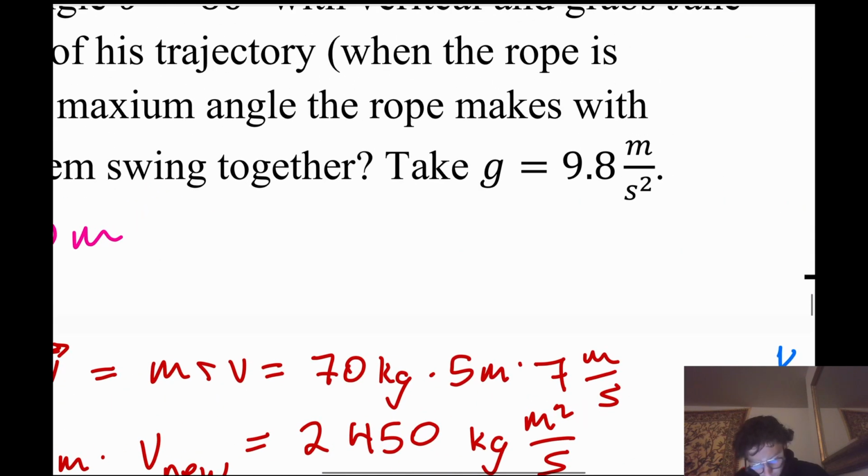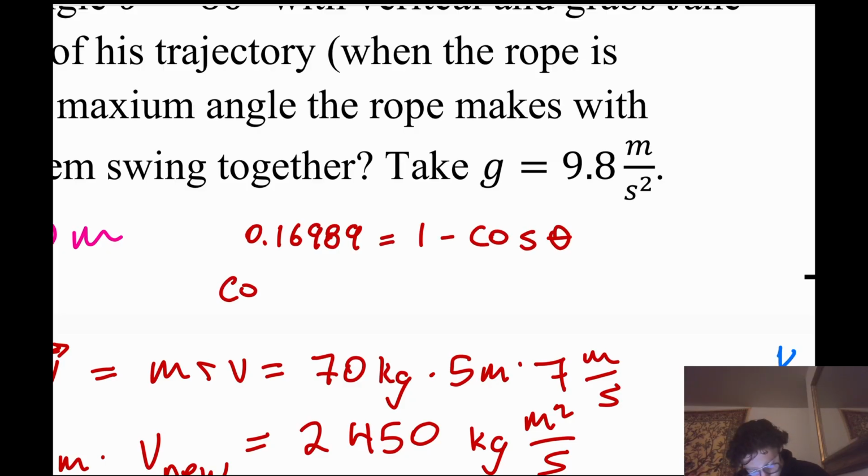So 0.16989. This is equal to 1 minus cosine theta. So cosine theta is equal to, if we move cosine theta to the other side, we get 1 minus 0.16989, which is equal to 0.83011.